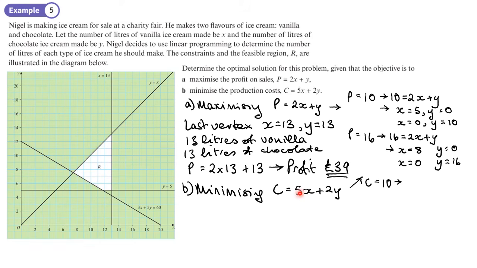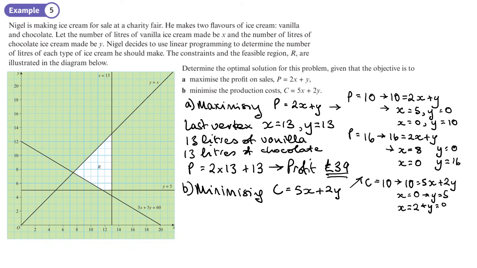It's helpful to pick multiples of these numbers, then you'll get whole numbers to plot. So that would be 10 equals 5x plus 2y. If I make x equal to 0, that will give me y equal to 5. And if I make y equal to 0, that will give me x equal to 2.